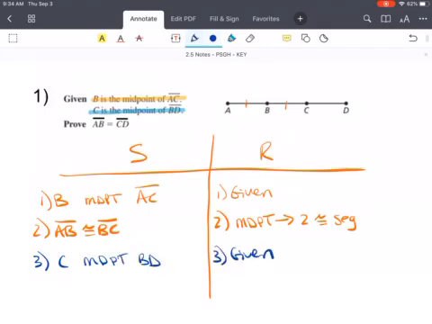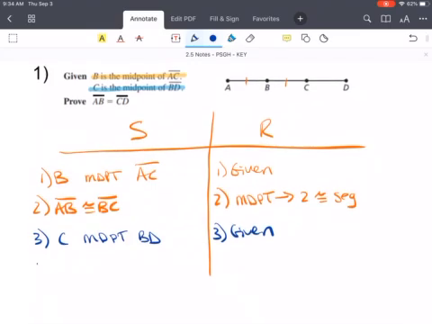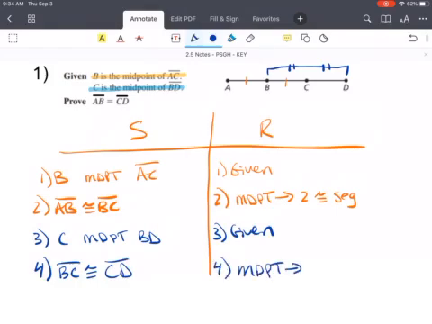I say that because it is given. And then if C is the midpoint of BD, then I get to say those two segments are congruent because it splits BD up into two congruent segments. And it's the same reason here. Midpoint implies that I have two congruent segments.